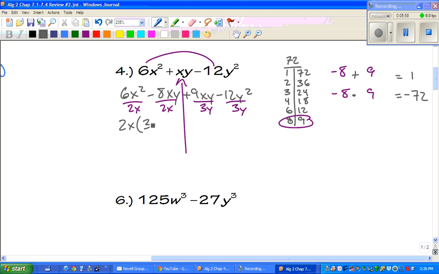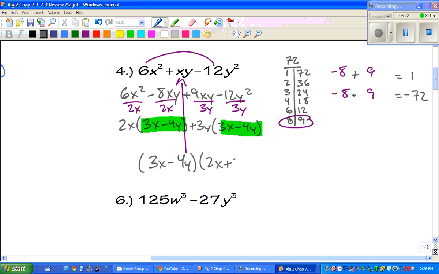So when you factor that out, you're left with 3x minus 4y and 3x minus 4y, which is good because those two match up. 3x minus 4y and 2x plus 3y.